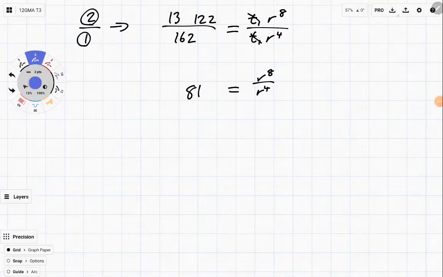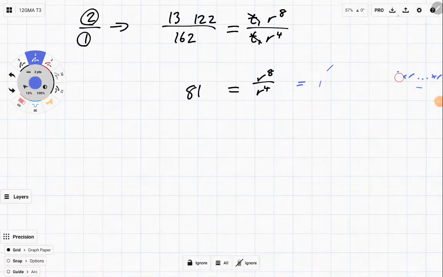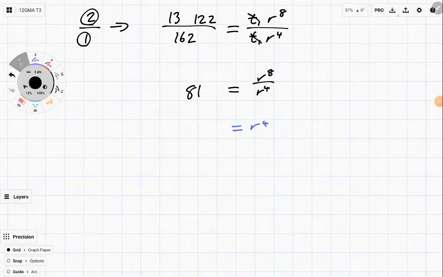Just as a reminder, you wouldn't actually do this, but it's r times r times r times r, and so on, 8 times, over r times r times r times r. 1 cancels, 1 cancels, and I'm left with 4 r's on top, so it's r to the power of 4. Really what we do is we just go r to the 8 minus 4, which is r to the 4. And so we get 81 is equal to r to the 4. And we've nearly found the common ratio.